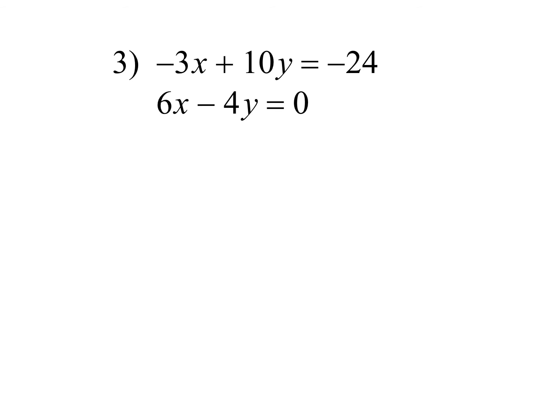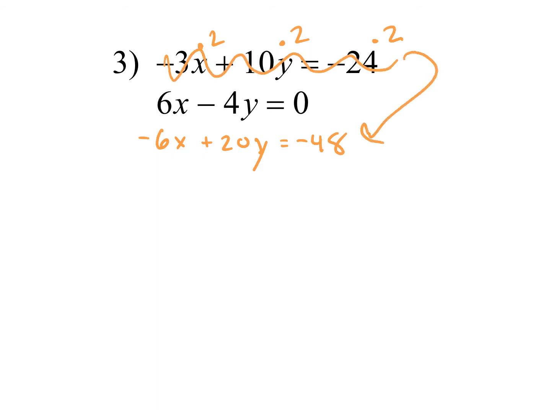Yeah, you can choose. Multiply negative 3 times 2. Awesome. So we want to multiply everything in our first equation times 2. So this becomes negative 6x. What's 10y times 2? 20y. And negative 24 times 2? Negative 48. So my new first equation is now this one.